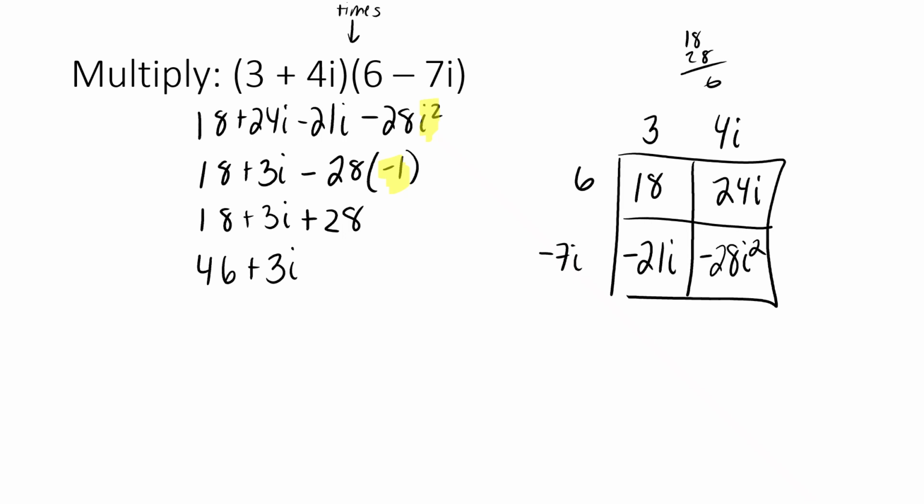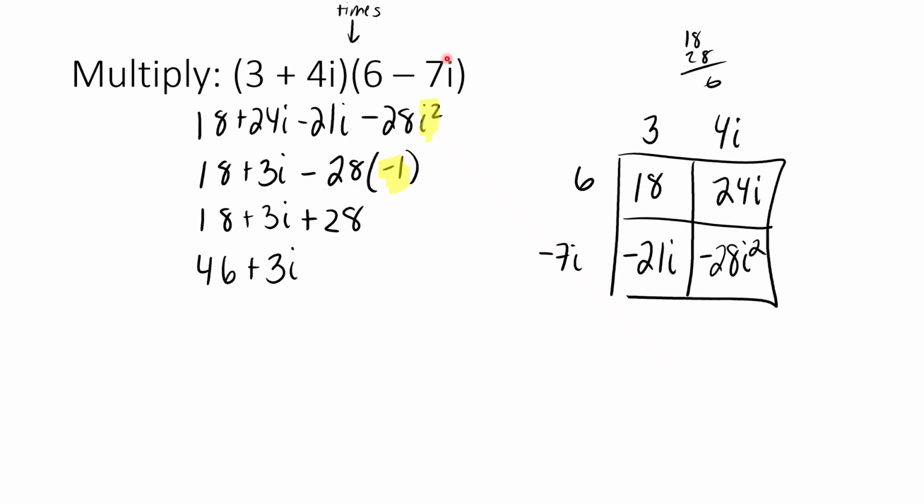So we end up with 46 plus 3i. Now I did that out in 4 steps plus my scratch work over here to the side. You can do it in fewer steps. So a lot of students would skip this step right here, and they would use that body of work to kind of launch into this step here.